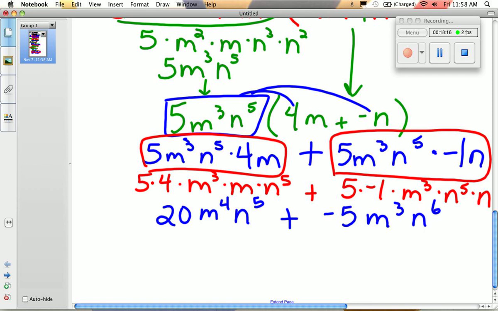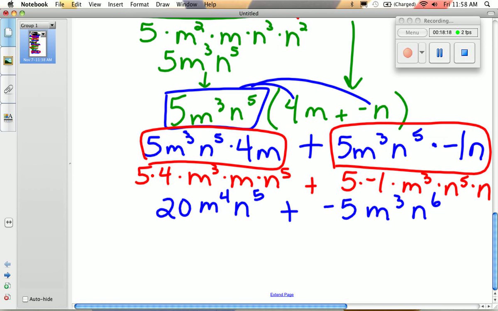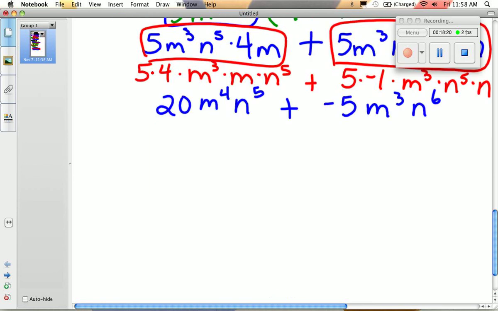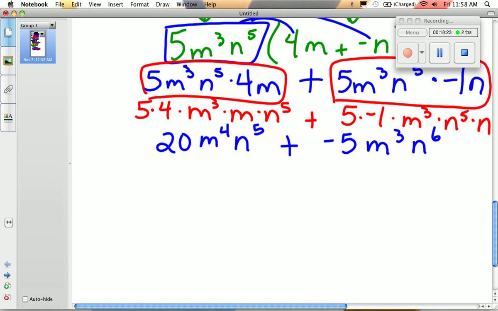If you need to disagree with me at any point, change my mind about anything I might have done wrong. Are they like terms? Are m to the fourth, n to the fifth the same as m to the third, n to the sixth?